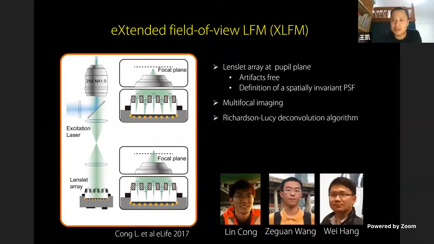But definitely, if you apply other strategies such as STORM, you have a low optical resolution, but you can reconstruct a high resolution image. But in that case, you sacrifice speed. Then there's no reason to use light field, which is developed for high speed. So I think the answer is that the resolution is limited by the physics of the optical system.